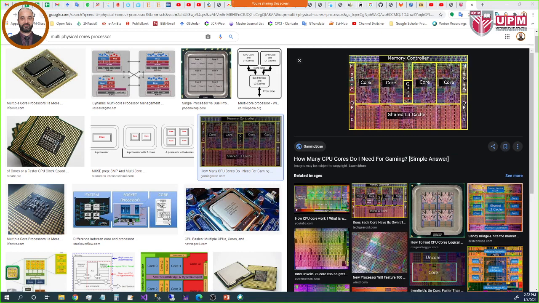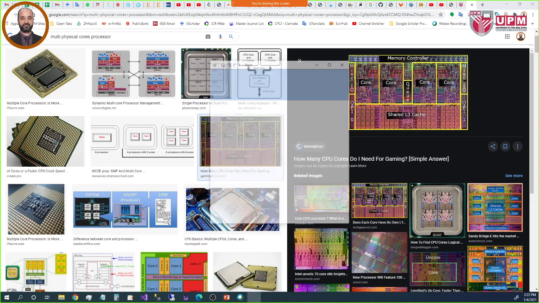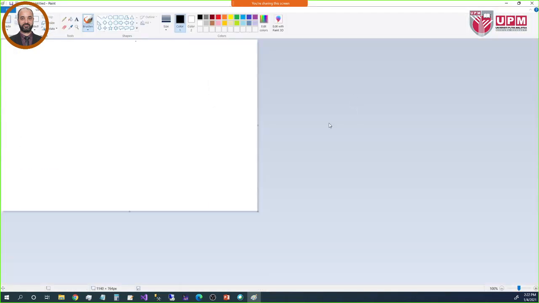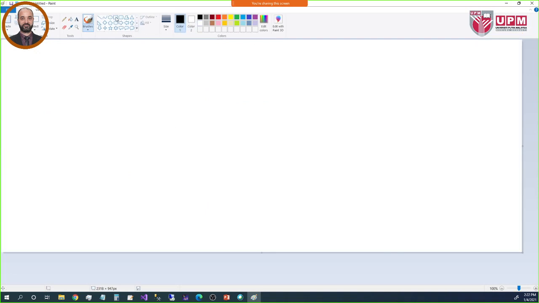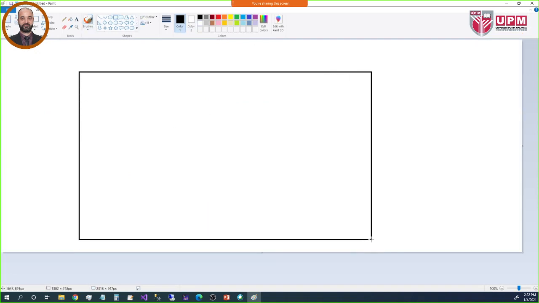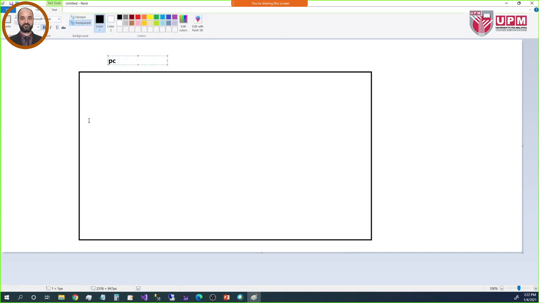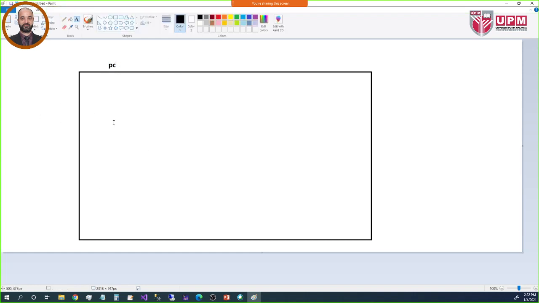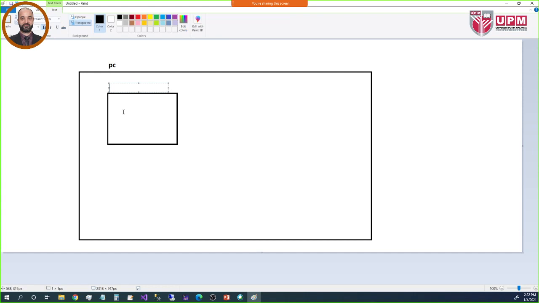let me draw something on the screen to explain for you. Based on this architecture, we could have one PC. This one is a PC, right? So that PC could have one processor, and inside that processor, I will write P for processor.